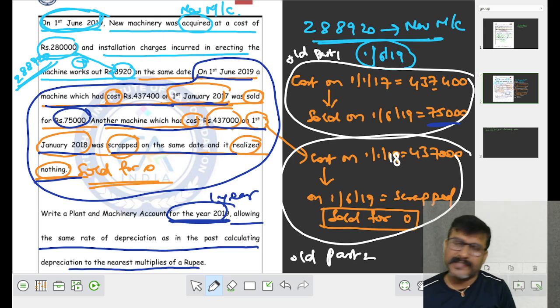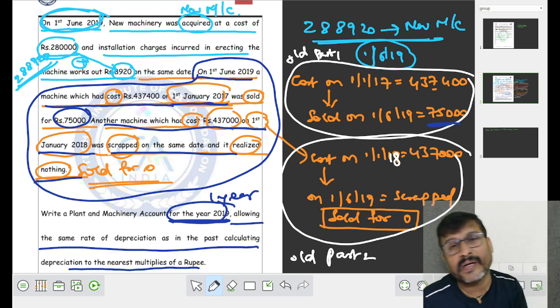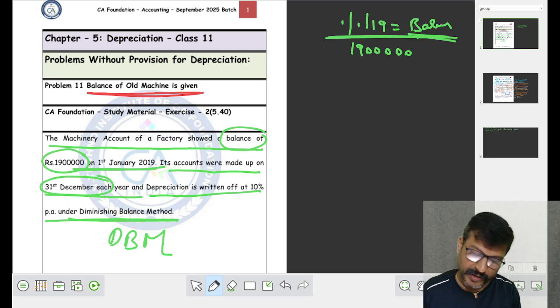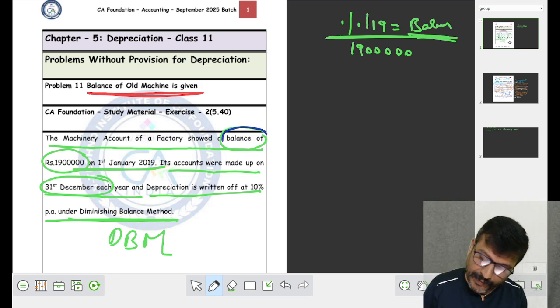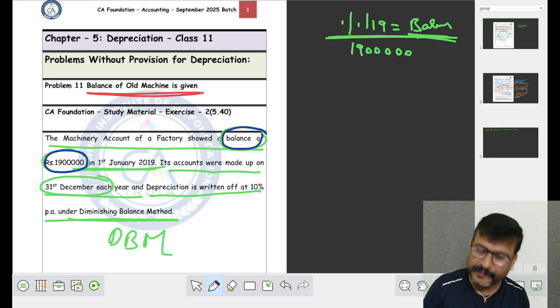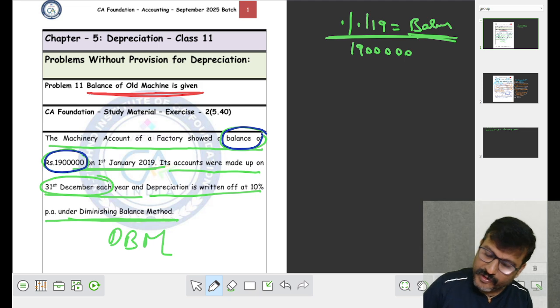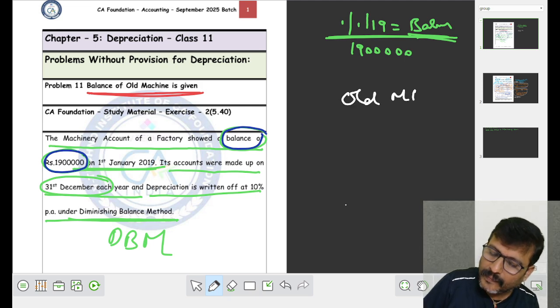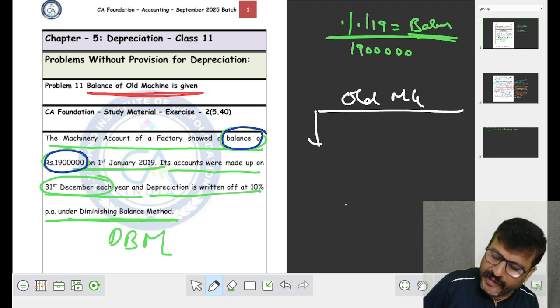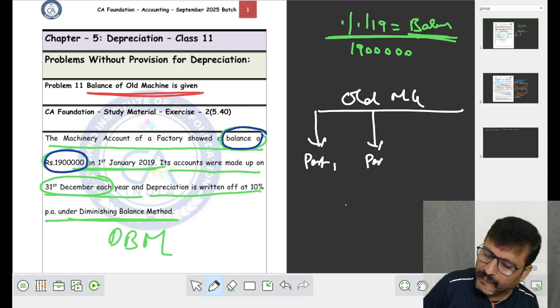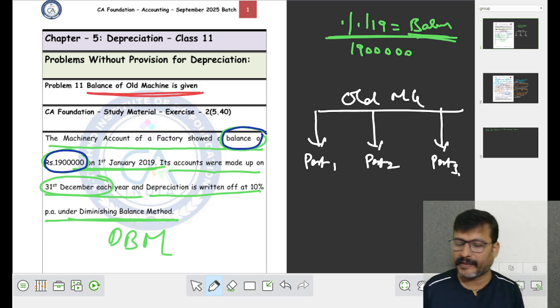So we have to apply the same thing. Now how many machines do we have? We have a balance of old machine. This balance of old machine is to be divided into 3 sections: part 1, part 2 and part 3.